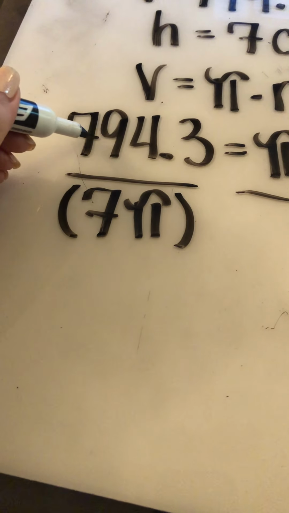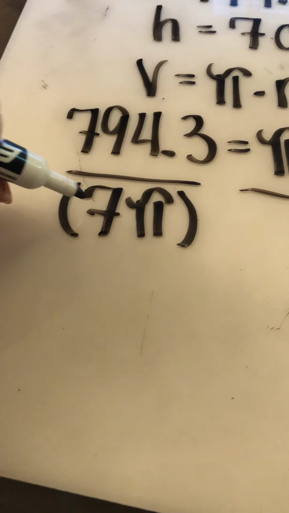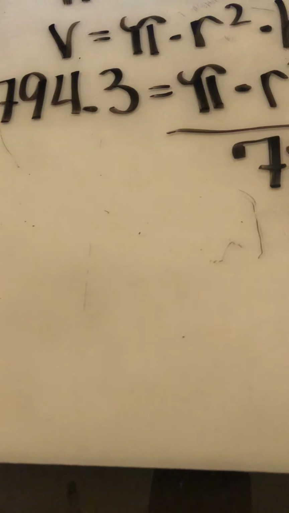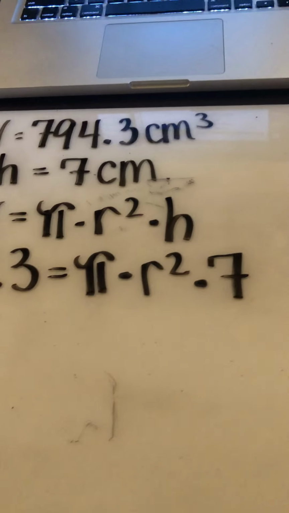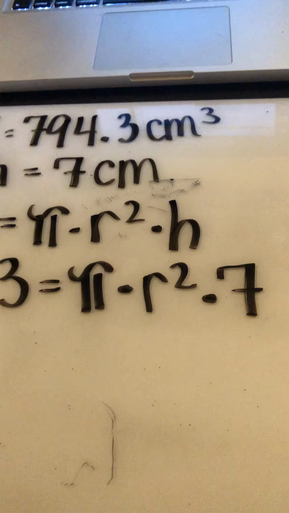Otherwise, it's going to divide the numerator by 7 first and then multiply by pi. So it gets a little crazy, and I definitely see mistakes happen there, especially when we are doing this virtually and I'm not there. And you guys also don't have this calculator, which makes it so much simpler. So this is how I'm going to tell you to do it instead.